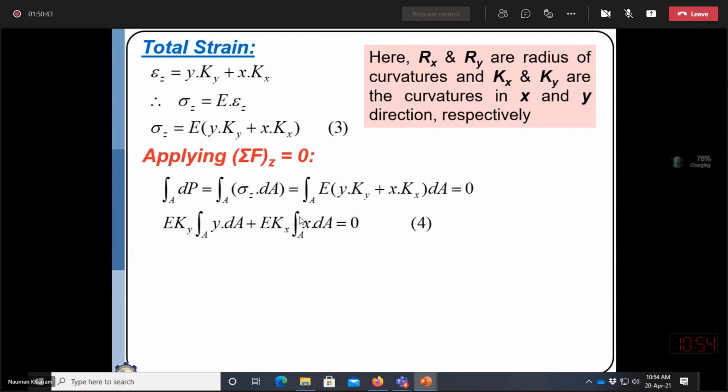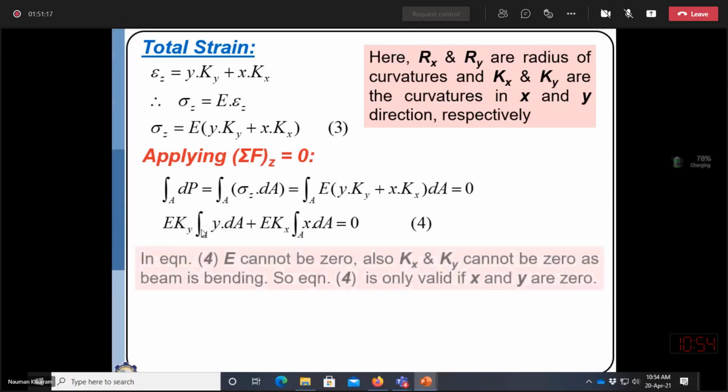Similarly, E into kx and integral of x into dA. By definition, this is the first moment of area about the x-axis, because if the moment is produced about the x-axis, the moment arm is used in the perpendicular direction. Similarly, this is the definition of the first moment of area about the y-axis. That is used to determine centroidal location.